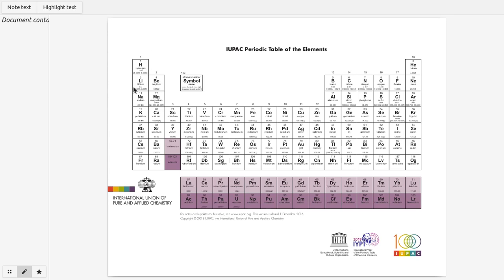They go left to right. All of them. So you have 1, 2, 3, 4, 5, 6, 7. And this is your little island at the bottom. We're not going to talk too much about it, but they fit in right here. These are where you have your f orbitals. This would be your lanthanides and your actinides. They're special types of metals.